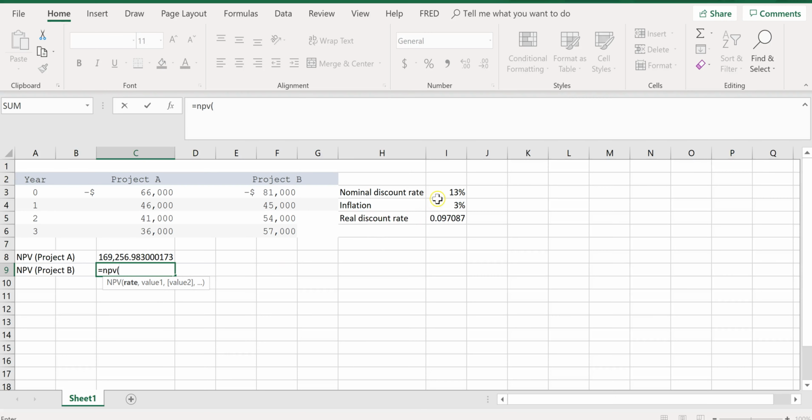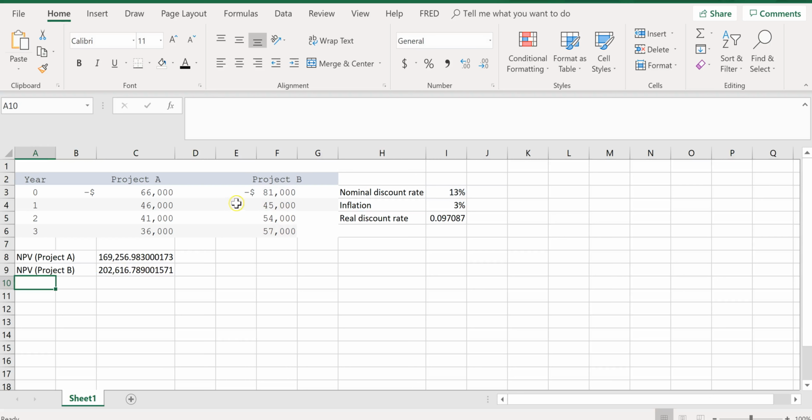So the rate here, we have to use the nominal discount rate, and values 1, 2, 3 again refer to the cash flows, starting from year one's cash flow. So F4 to F6, pull the mouse all the way down to the last year's cash flow. After we have done this, add the current year's cash flow.